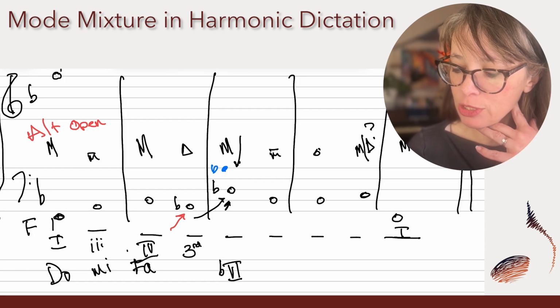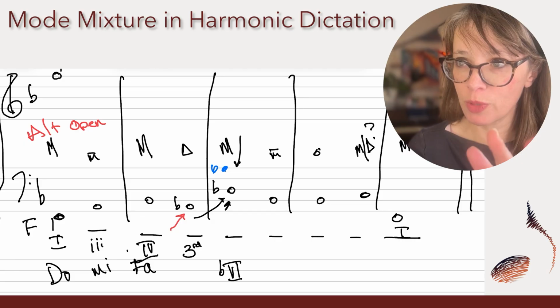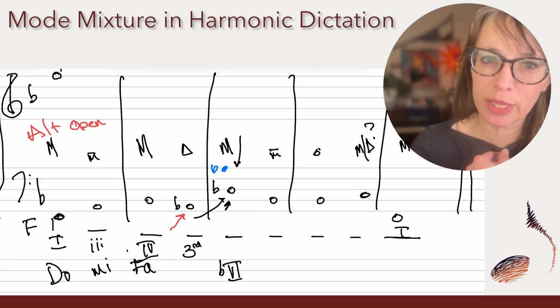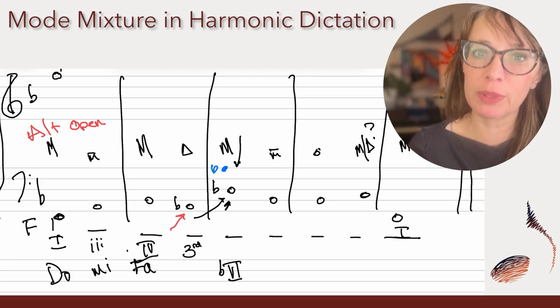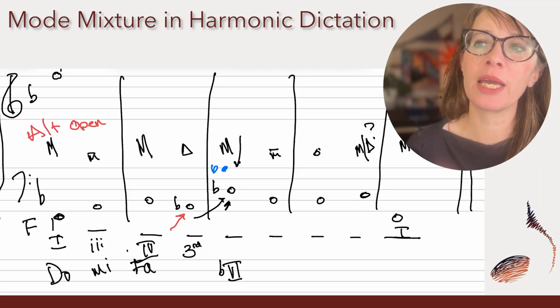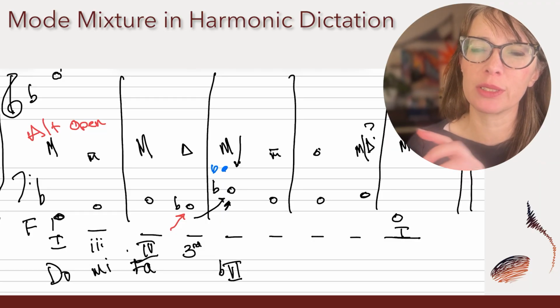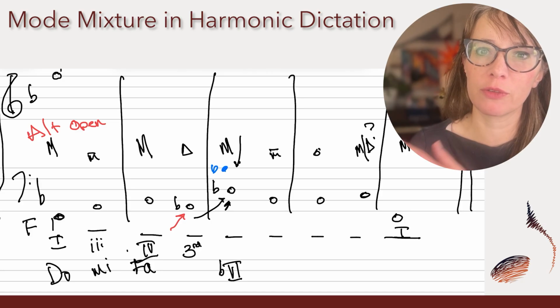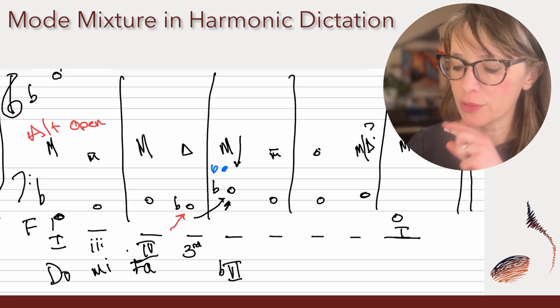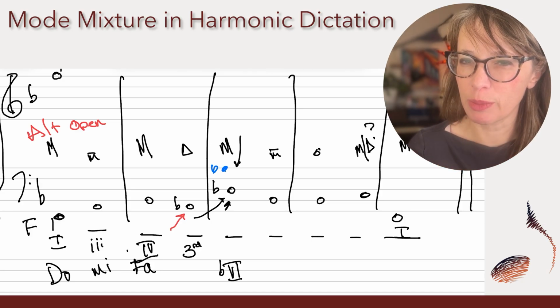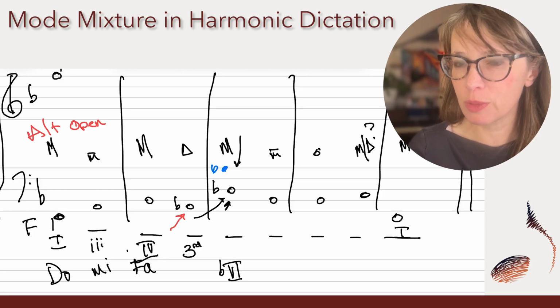And then if mode mixture has started, then we expect it to keep going, at least the way that I write harmonic dictations. Your teachers might be slightly different. But I usually write for my students that once mode mixture has started, it's going to keep going until you get to the dominant chord for the cadence. That's kind of the most common practice in classical music, at least.